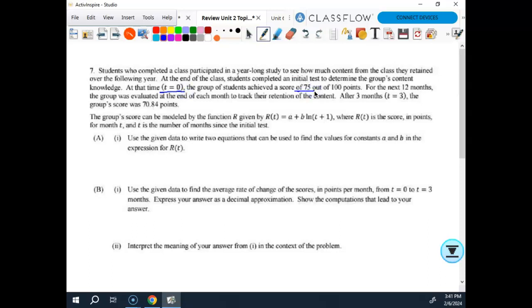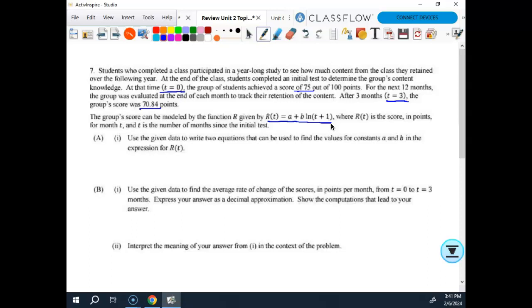For the next 12 months, the group was evaluated at the end of each month to track their retention of the content. After 3 months, t equals 3, the group score was 70.84. The group score can be modeled by this function R, where R of t is the score in points for month t, and t is the number of months since the initial test.